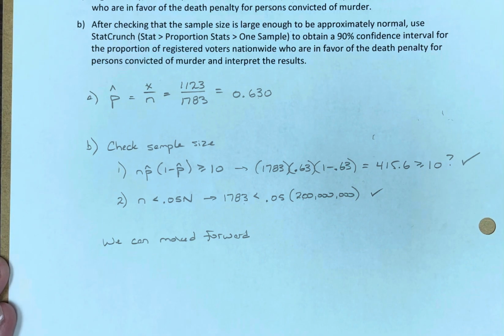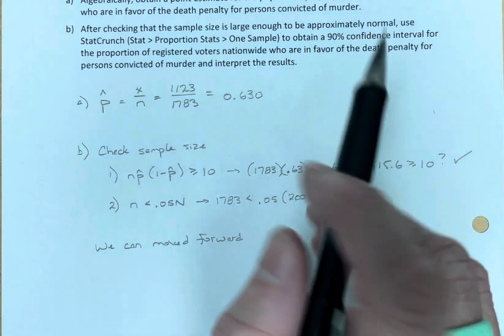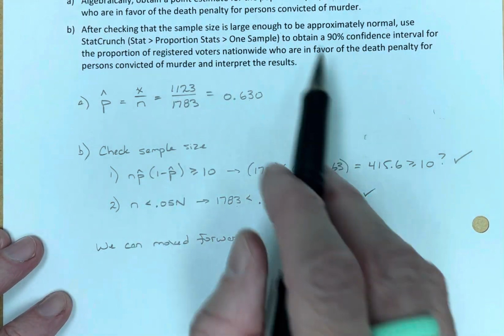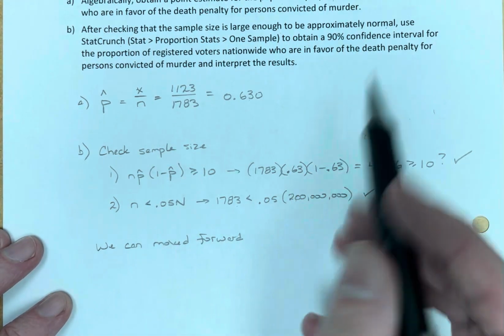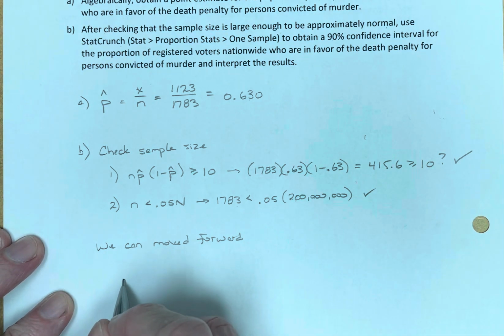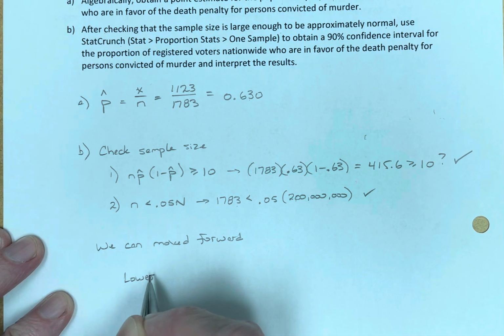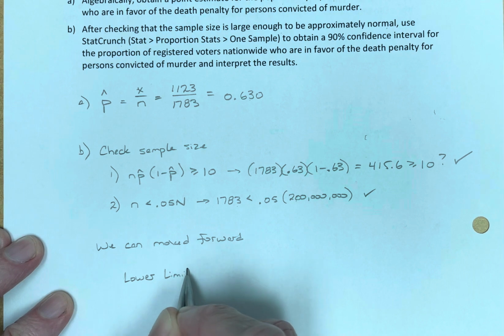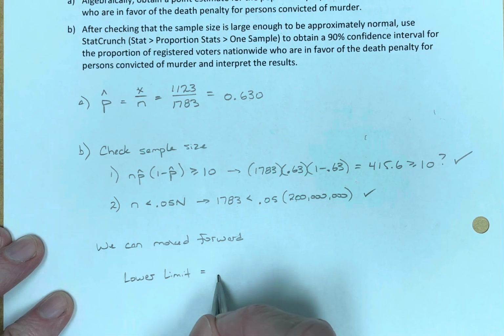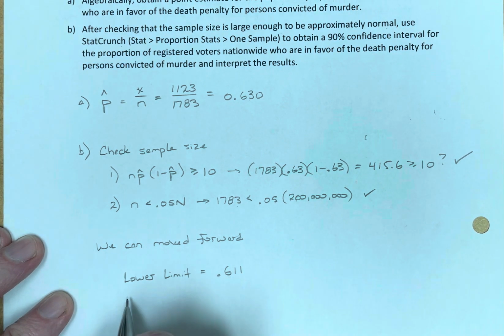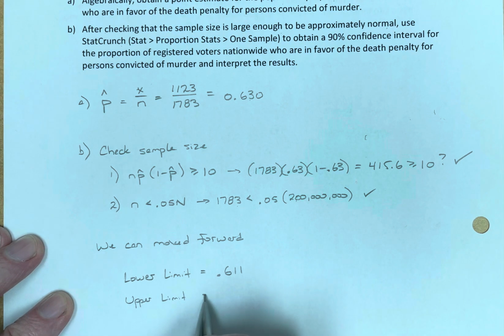Okay, the question says, after checking it, we checked it. Obtain a 90% confidence interval. We did that. Okay, lower limit of our confidence interval is equal to 0.611. The upper limit is equal to 0.649.